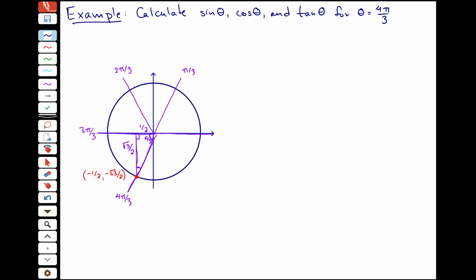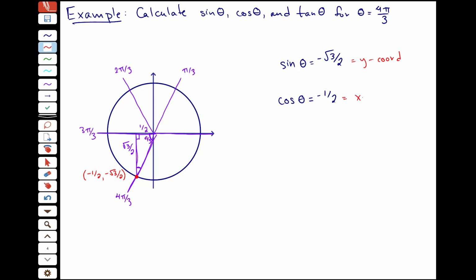Okay, so now when I go to calculate sine of this angle, I want the y-coordinate of that point, and so it's going to be minus root 3 over 2. Again, for sine, I'm looking at the y-coordinate. For cosine, I'm looking at the x-coordinate, so cosine of this angle is going to be minus 1/2.